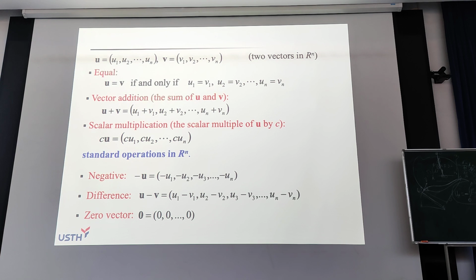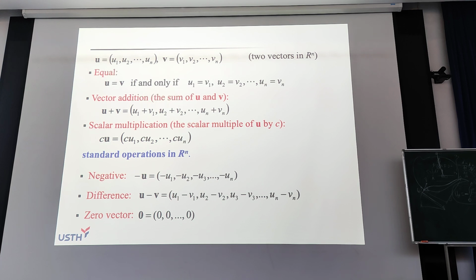Then we define the sum u plus v to be the sequence like that one: u1 plus v1, u2 plus v2, up to un plus vn. Also, we can define scalar multiplication by c times u to be a new sequence cu1, cu2, up to cun. So, these two operations here have a common name: the standard operations in Rn.